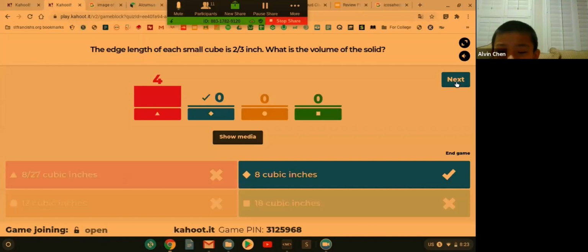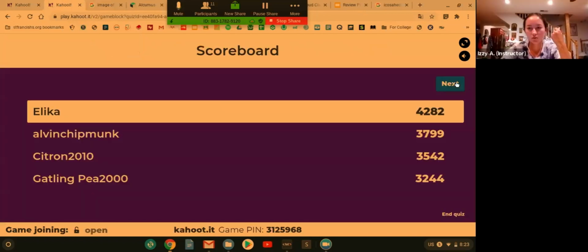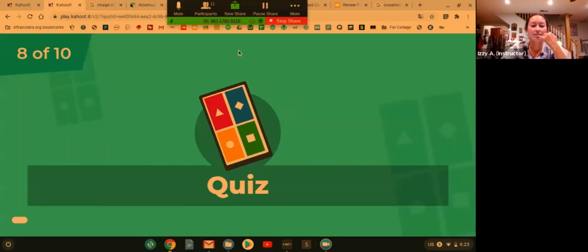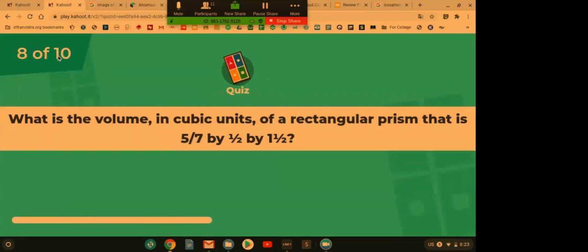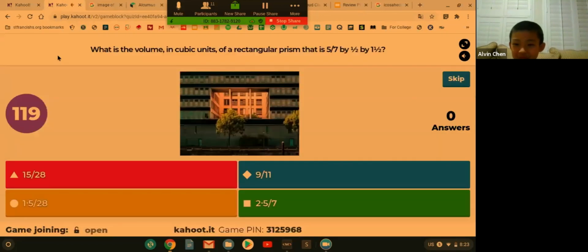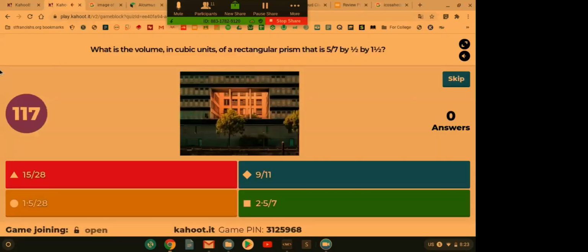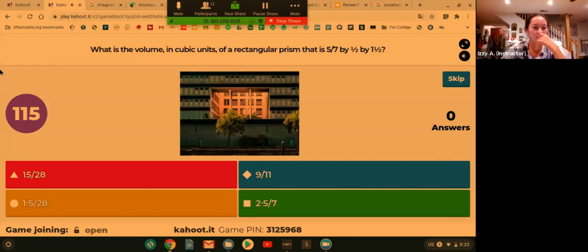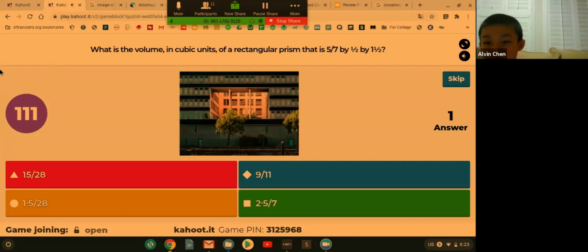Apparently, you have a lot of streaks, so I can start again. I will still beat you, Citron. It's pronounced citron. I believe the citron will not lose to a Gatling Pea.